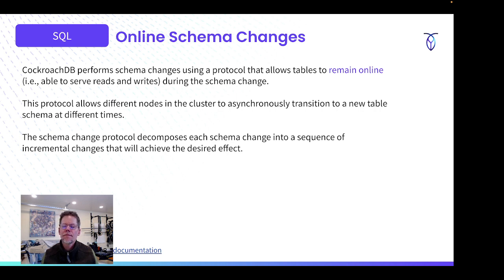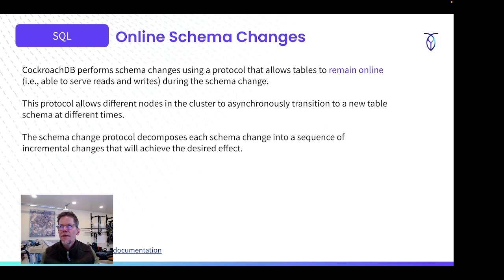So that could cause some issue with the availability of that data. CockroachDB doesn't have that problem. It's actually designed to do online schema changes. And during the time that the schema change is being processed, that table remains entirely online and is able to serve both reads and writes during the full length of time of the schema change.